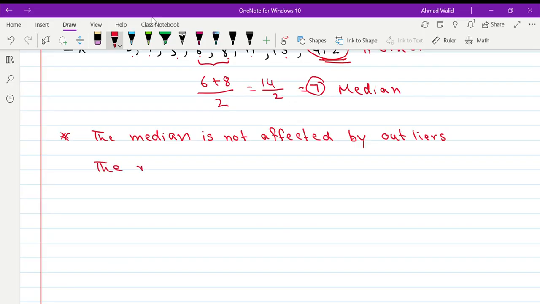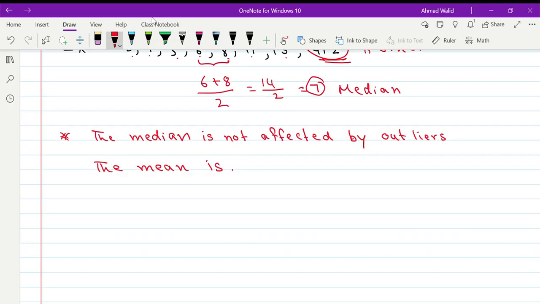The mean is affected by the outliers, but the median is not. That's why usually when we talk about comparing or finding the center, when we talk about salaries, for example, or about house prices, they are talking about the median, not the mean.